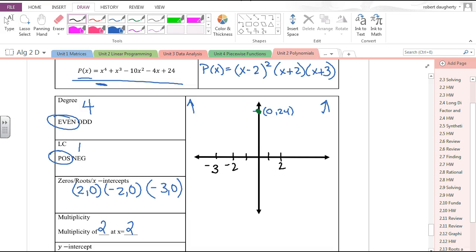The multiplicity at 2 tells me I do not cross at this point. But I will cross here and here. So the only thing this graph can do, it starts up, it has to cross, y-intercept, do not cross, and then go back up. So that is it. Okay, this was a long problem.